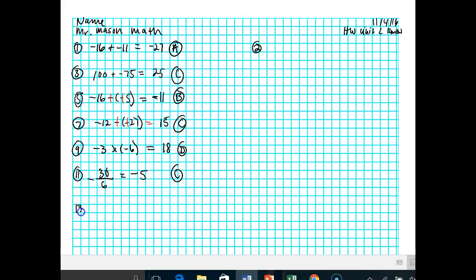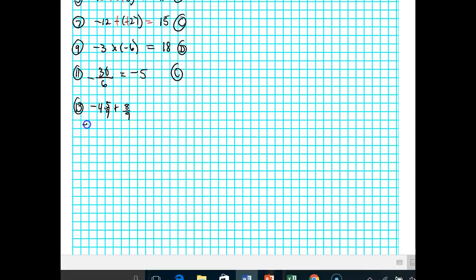Number 13. We got negative 4 and 5/9 plus 8/9. So let's split the mixed number. So we say negative 4 plus negative 5/9 plus positive 8/9. This will give us negative 4 plus positive 3/9, right?